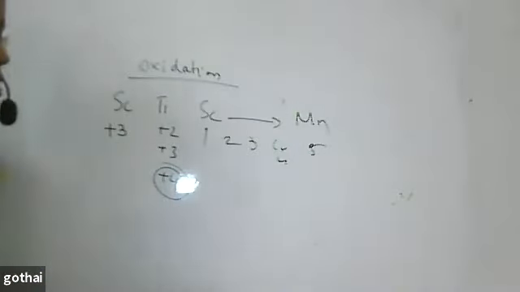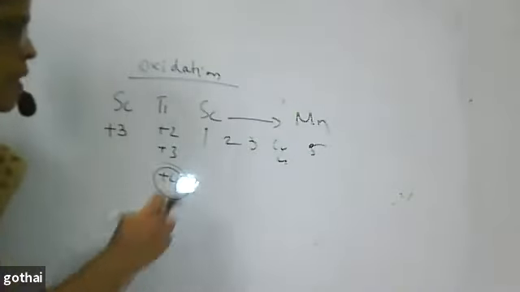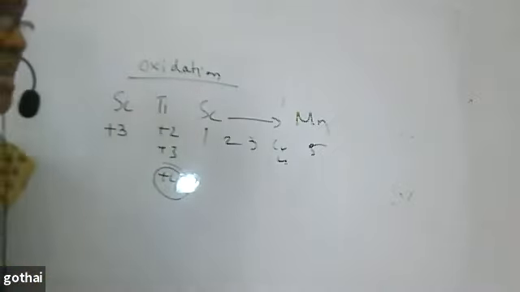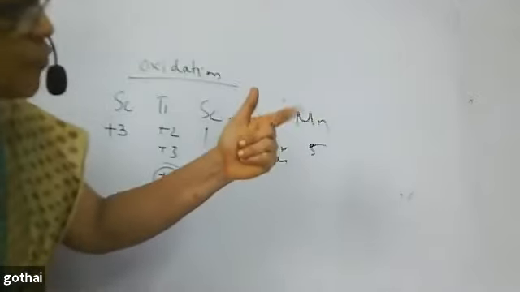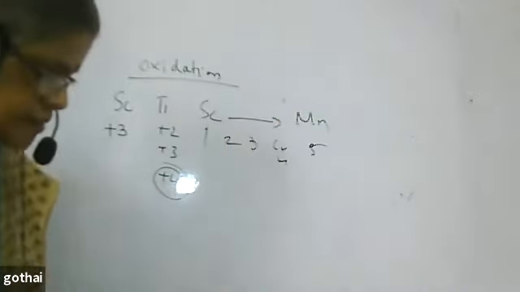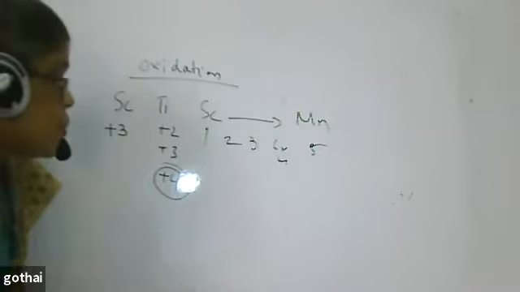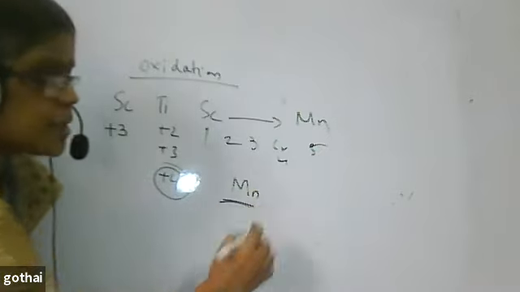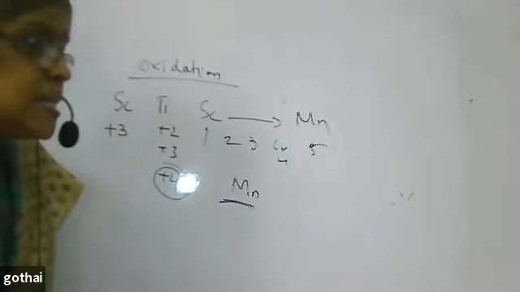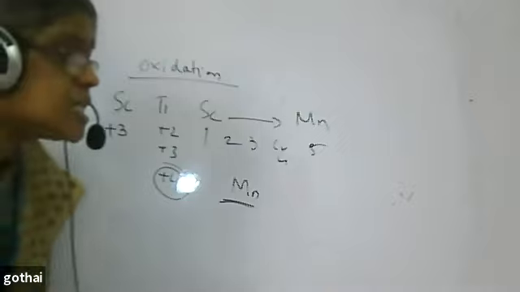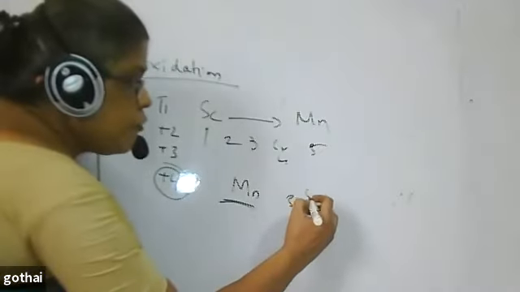Scandium shows only 1 oxidation state, whereas titanium shows 3, vanadium 4, chromium 5. Manganese shows 7 oxidation states, +2, +3, +4, +5, +6, and +7. The highest oxidation state is shown by manganese. That is another question. The highest number of oxidation states is shown by manganese because of the maximum number of unpaired electrons in the d orbital, 3d5 4s2.